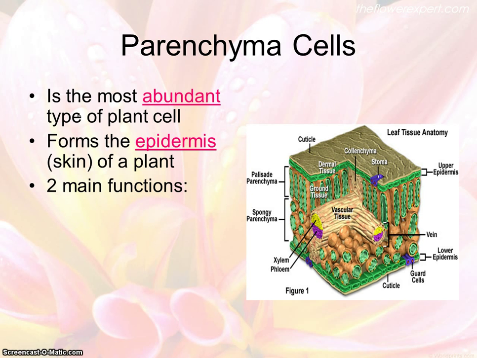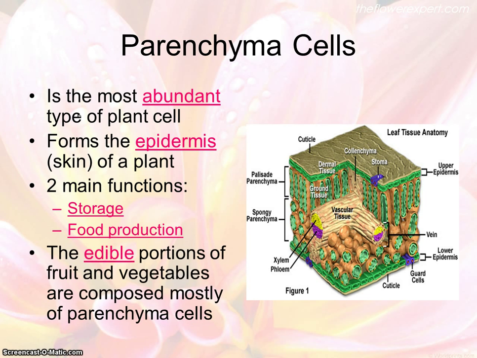Their major function is to store and produce food. Okay, so storage of nutrients and water and food production. Most of the parenchyma cells are going to be edible, like for fruits and vegetables. Okay, so when you look at a plant that produces fruits and vegetables, the fruits and vegetables part would also be made of parenchyma cells.